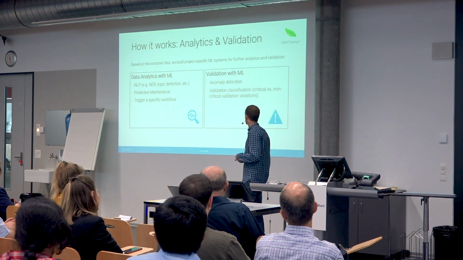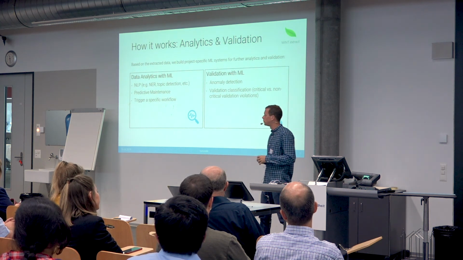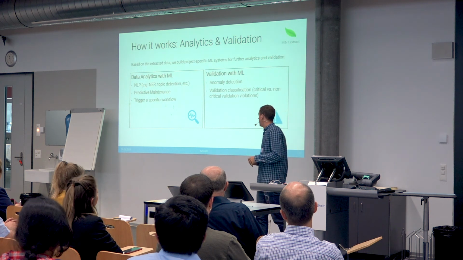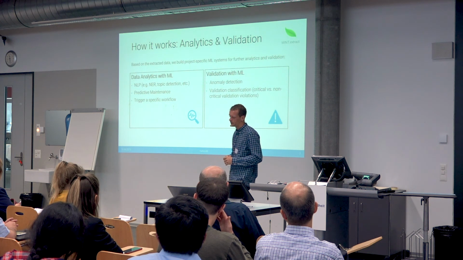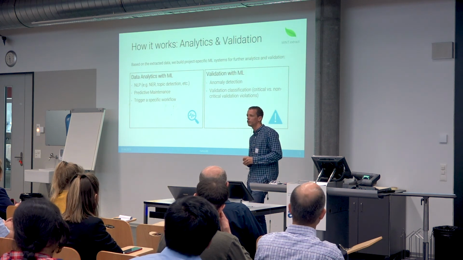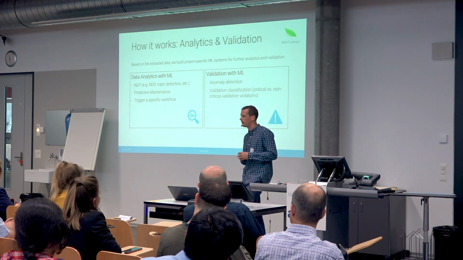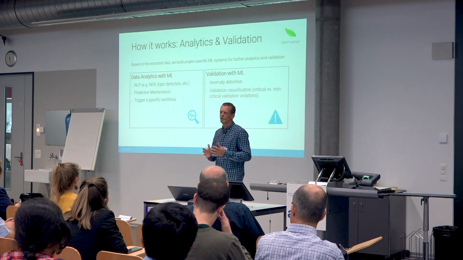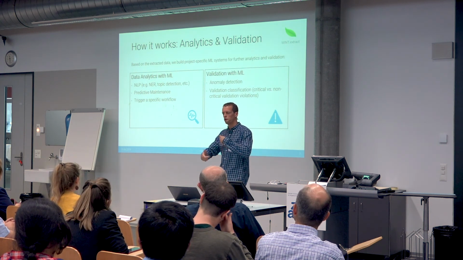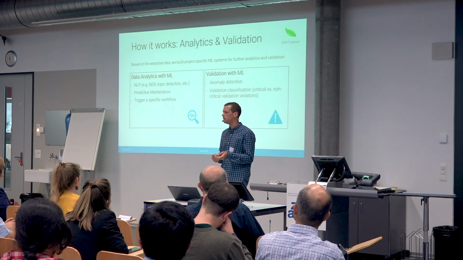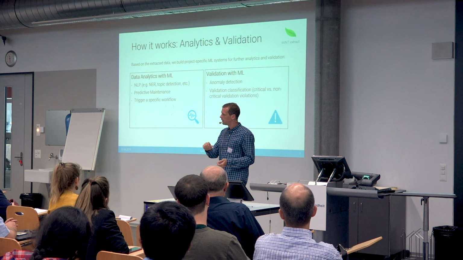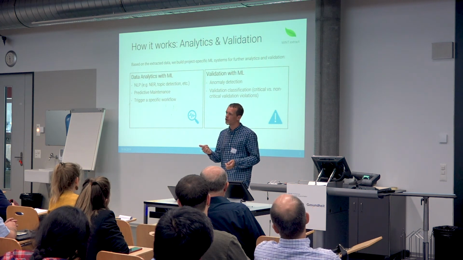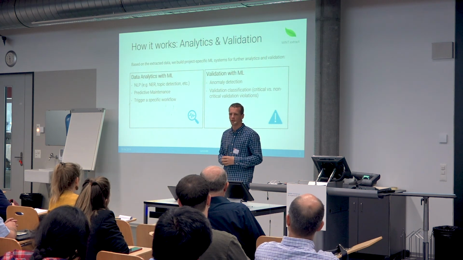And if we have a look at validation, we can, for example, do anomaly detection. And one thing that is very interesting is validation classification. So sometimes the user might specify a pattern that is not 100% correct, and then in production, we collect the feedback from the user, where the user, like in Tinder, has to say, was this an actual good warning, or was this just a false positive warning?